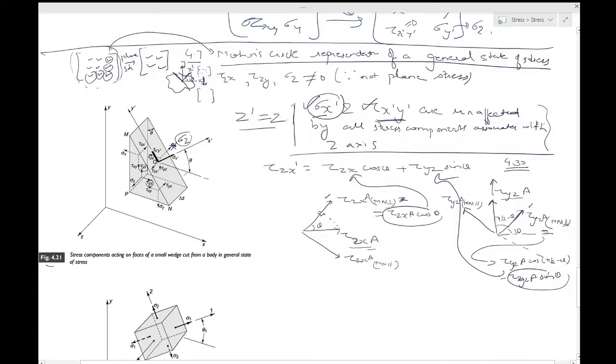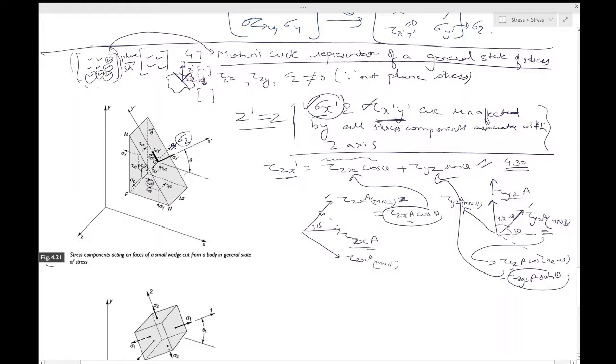So if we read the text in your textbook, if we resolve the stress components tau zx and tau yz on the plus face into components perpendicular and parallel to MN, we find that the right hand side of 4.30 is the sum of the components perpendicular to MN. So A goes off because A is divided over here as well.